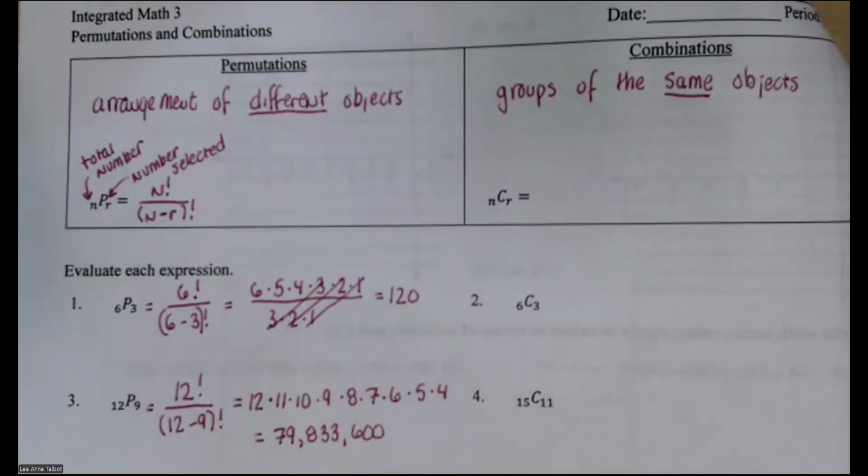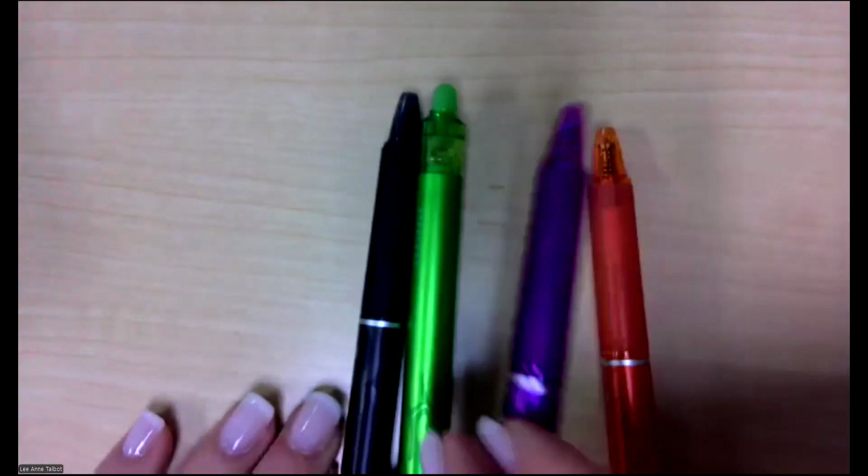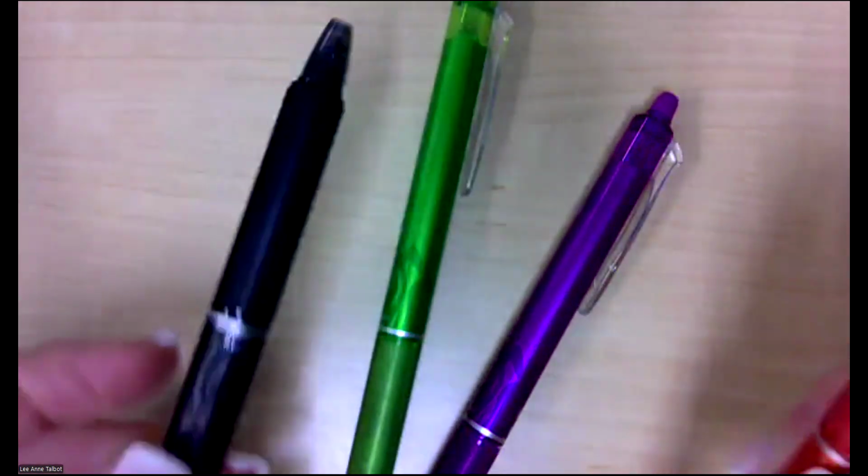And then I'm going to go back to the pens for a minute. Okay, so this is going to be really hard to wrap your brain around for a second, but hopefully it will make sense.